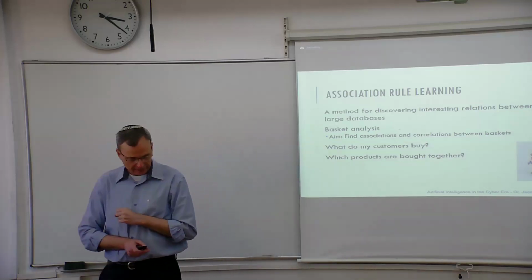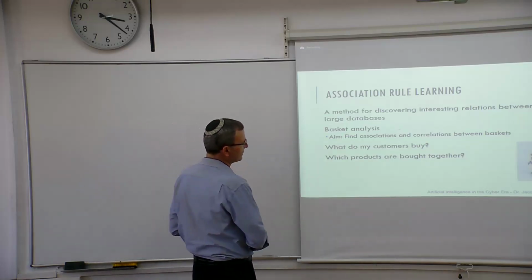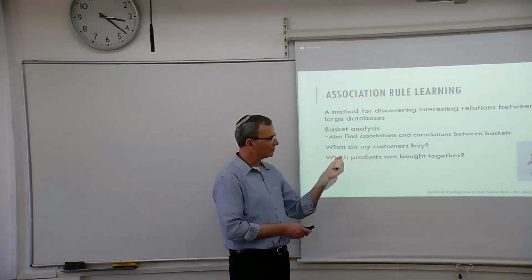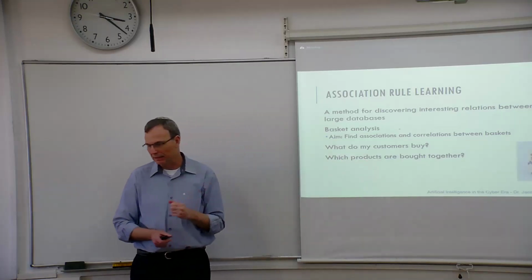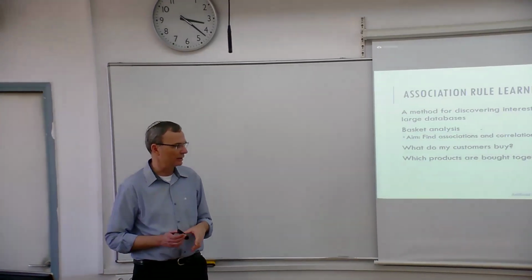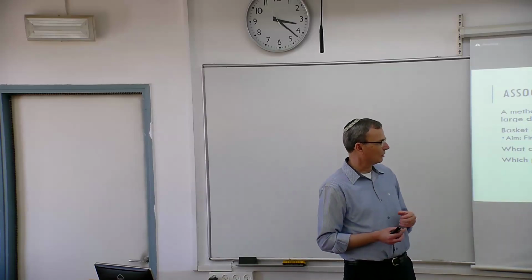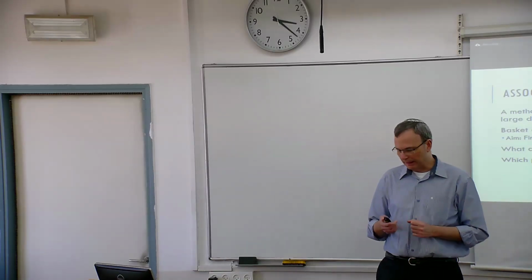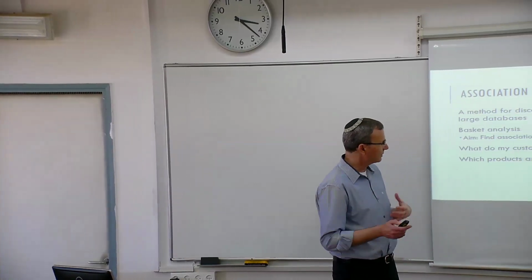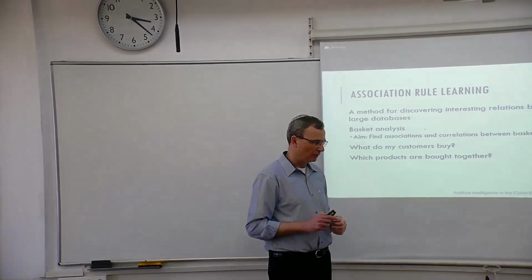The idea here is to find out what customers buy and what is bought together. I mentioned last week that it is very useful for grocery stores, either online or physical ones, to arrange their store according to what people are buying. So if we notice that some things are bought together, then we'll try to put them together.